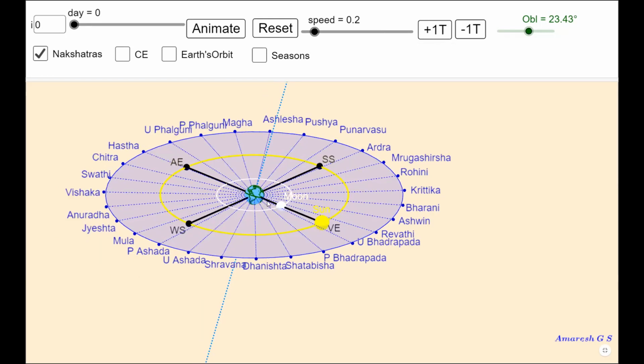What is the nakshatra of the moon and the sun on this day? To find the nakshatra, imagine you are on the earth, and from there you draw a straight line that goes through the moon and through the sun, which can be done on the day of Amavasya. And note down the reference nakshatra behind them as seen from the earth.